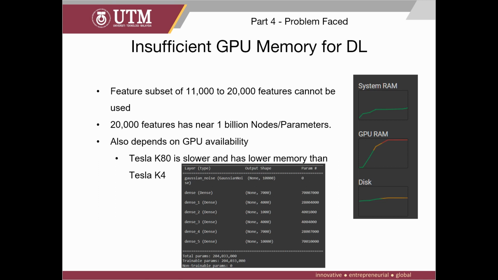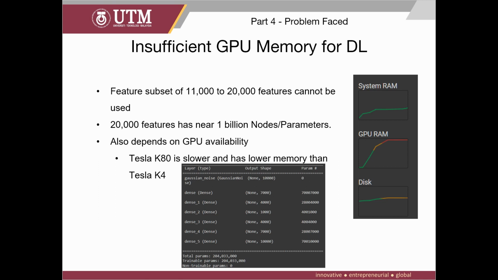For 20,000 features, it has nearly 1 billion parameters in the neural network, so it consumes too much memory for the GPU to actually run. And the GPU memory also depends on the GPU availability on Google Colab. For example, the Tesla K80 is slower and has lower memory than the Tesla T4.